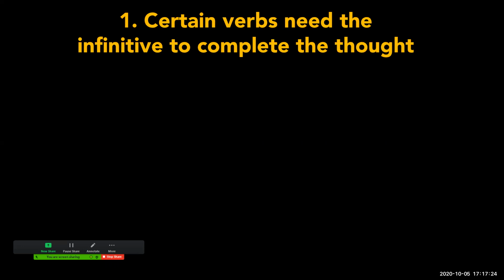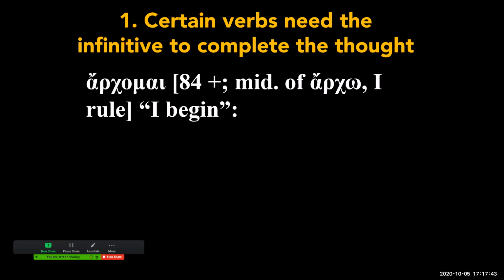I want to briefly talk about the way infinitives are used. First of all, certain verbs need the infinitive to complete the thought. And this is the third time I'm saying this, actually, if you haven't noticed. We already saw dunamai. I am able to what? To go, to see.